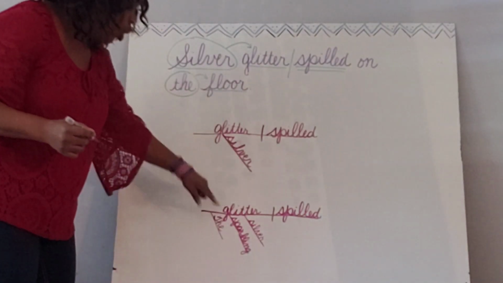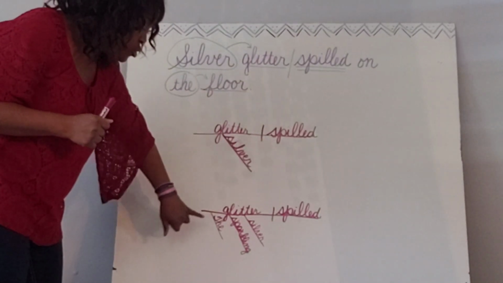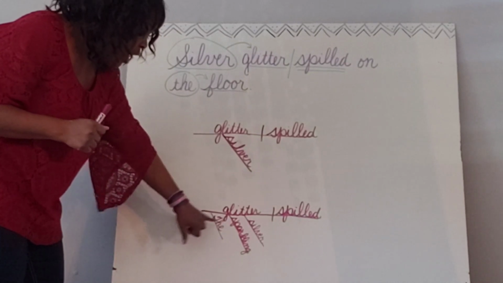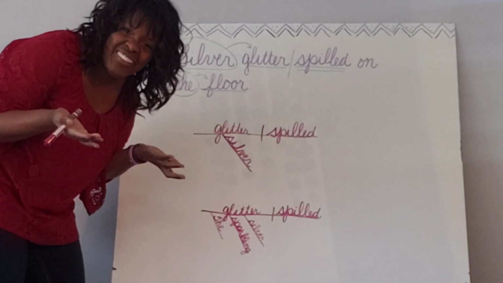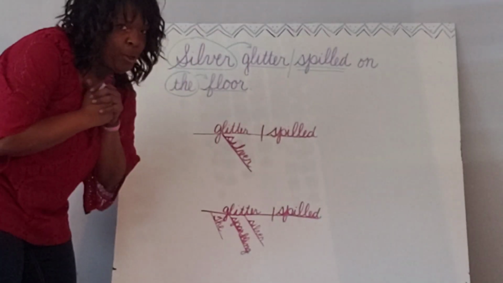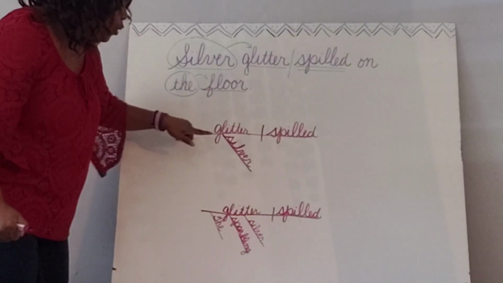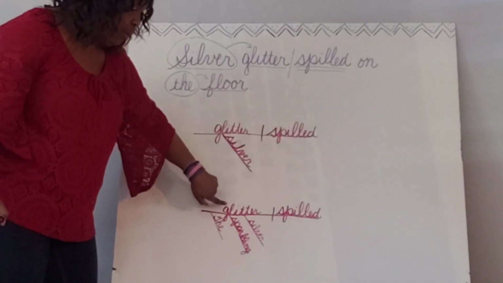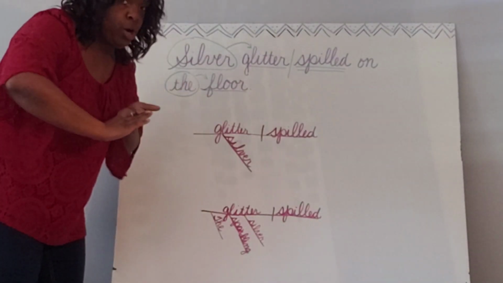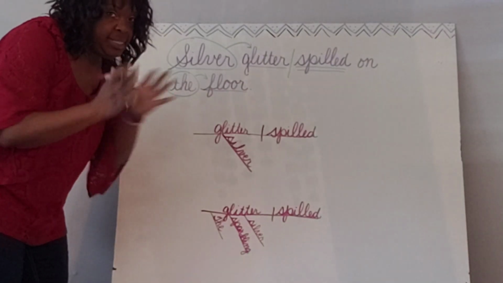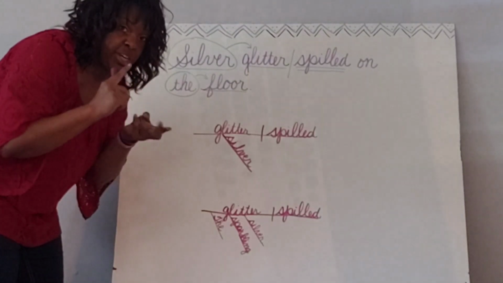They're all going to go right under glitter because they are all describing the word glitter. How cool is that, right? So it's really simple. When you diagram adjectives, they go directly under the noun you are describing. You don't have to worry about the floor, because that's not part of our subject and verb. Right now, all we're learning to diagram is our subject and verb.